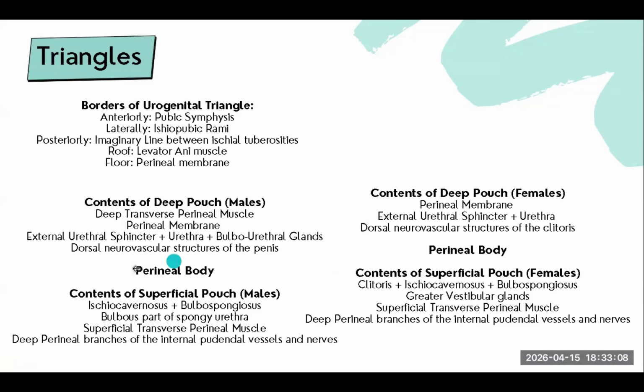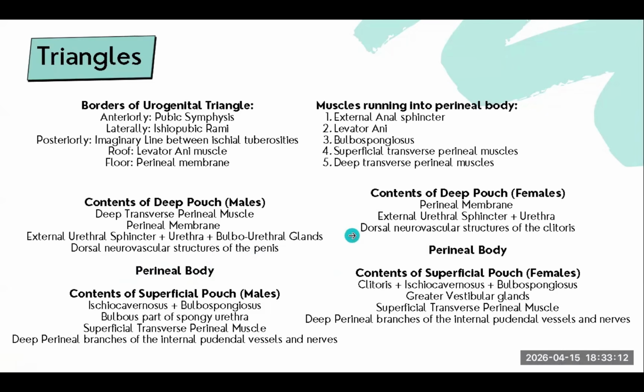Anyways, we didn't say anything about the perineal body, however, it's very important. And the reason it's important is because it's a location where you have many muscles running through it, okay? And if the perineal body gets damaged in males and in females, the perineum itself would lose its structure.